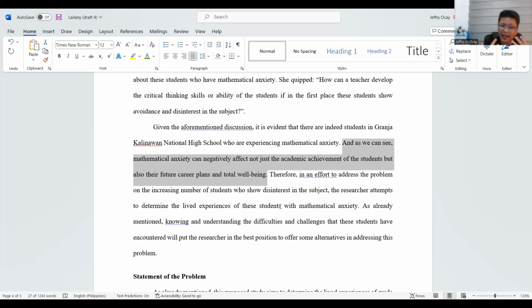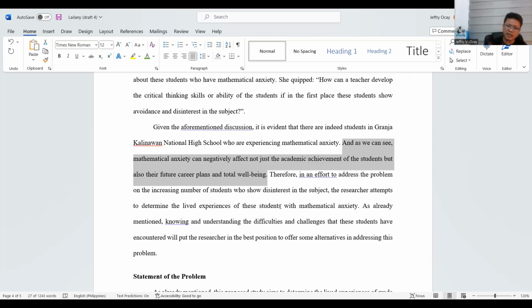And if that is the case, if we think deeply as writers, as scholars, it will also affect, let's say, national development, because human resources are an important factor in national development.